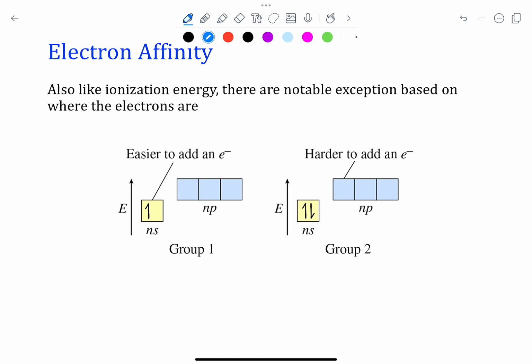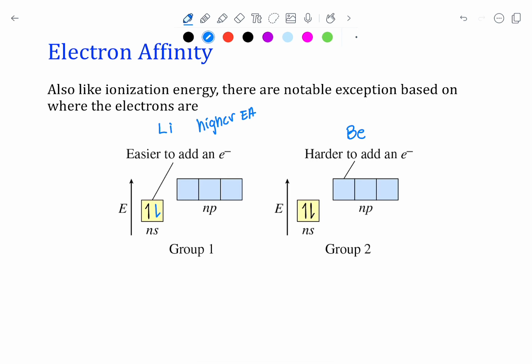Okay, so this is what we just talked about, the notable exceptions. Here's another example going into group 1 and 2. Let's call it lithium and beryllium. Lithium has a higher electron affinity compared to beryllium because it has 1 electron that's unpaired. So it's a lot easier to add on an electron here and make a whole-filled s orbital.